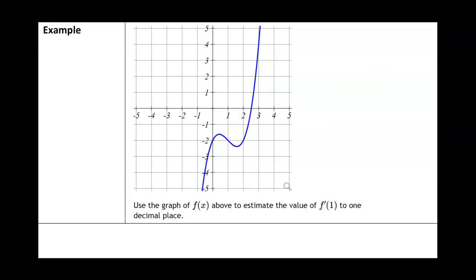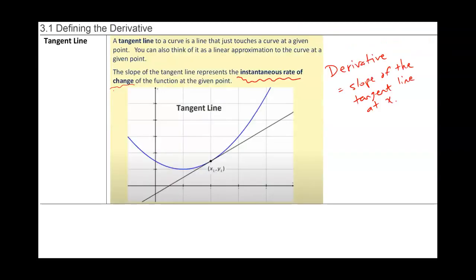Okay, so this problem says use the graph of f of x to estimate the value of f prime of 1. Now, what is f prime? So f prime of x, this is called the derivative at x. Now, what is a derivative? So we looked here. The derivative is just the slope of the tangent line.